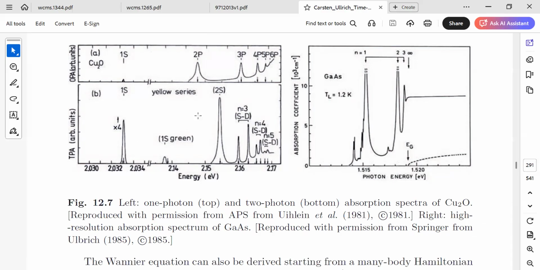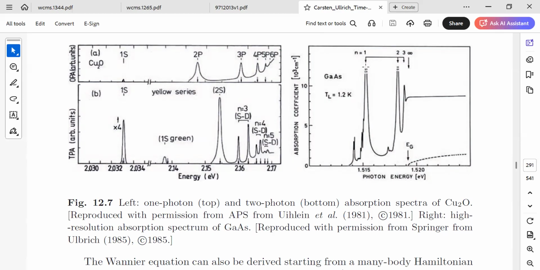These are shown as a spectrum, because here is the 1s peak, here is the 2s peak, and here are two other peaks. I am not very sure how we should explain these peaks. Here is a peak, here is also a peak, and then it goes to infinity, just like the hydrogen spectrum.